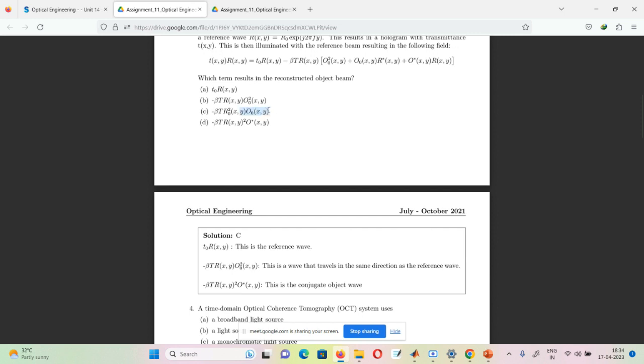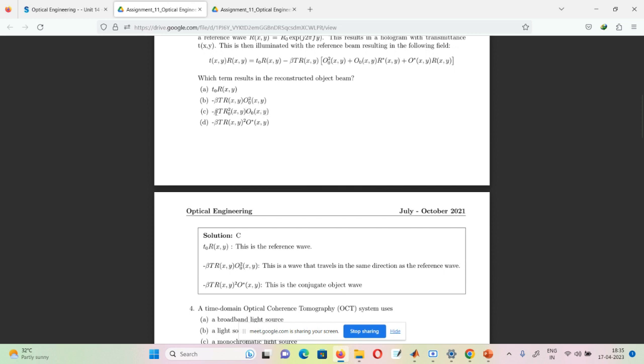This O0 xy is actually a beam. It does not have any square term, so it doesn't lose the phase characteristics. So here your object wave is modified by this amplitude and other factors, and you get information of your object beam modulated with some intensity. So this contains a particular information about your sample.